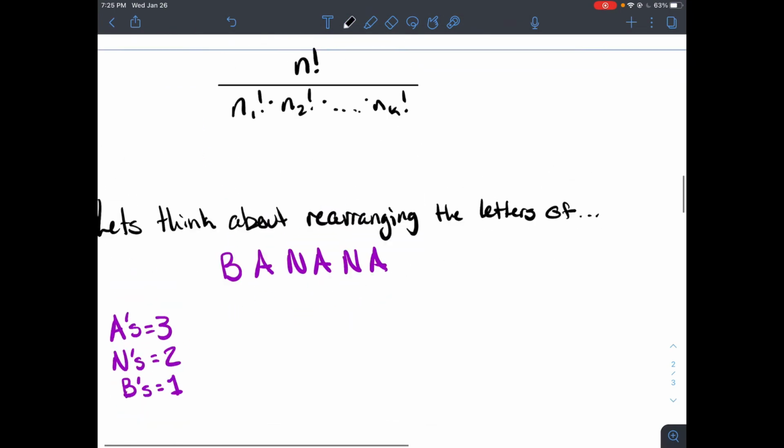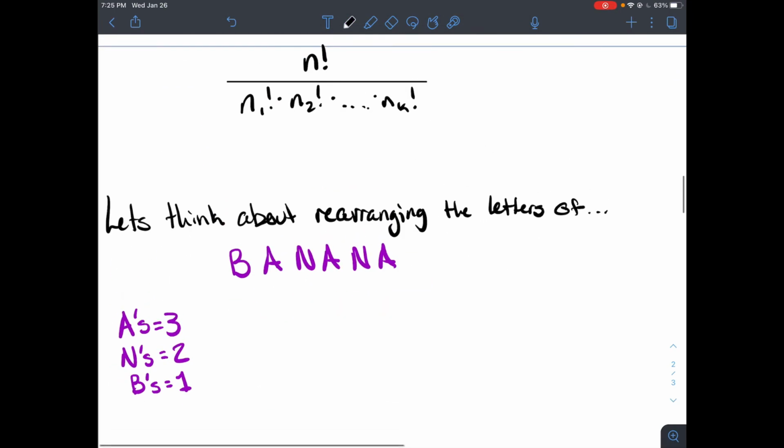Now, up top we have n factorial. So that is the total letters in our word. I'm just going to put letters is equal to 6. So we have 6 factorial. That is going to be over our subcategories.